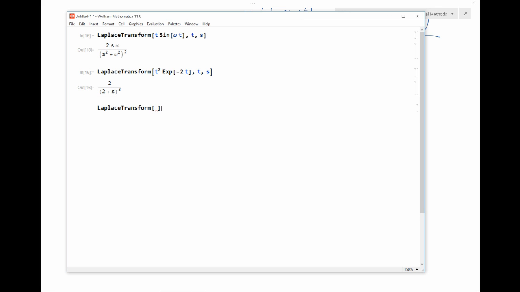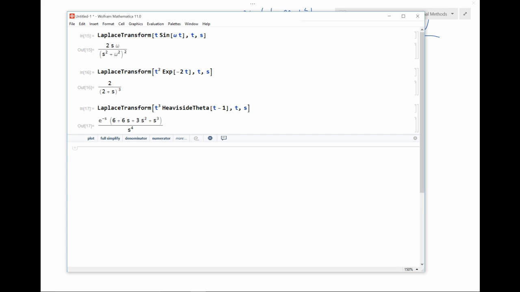The last thing we computed was the function t cubed times the Heaviside function t minus 1. And this answer looks a little bit strange, but after a quick inspection we can see that the expression we got in the notes and the expression that Mathematica gave us are absolutely equivalent.